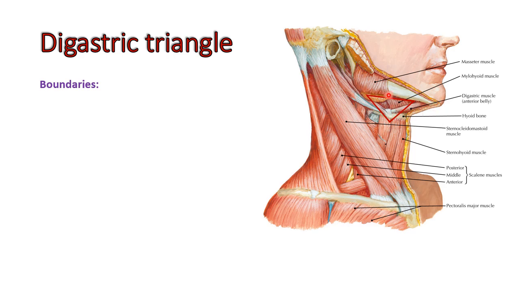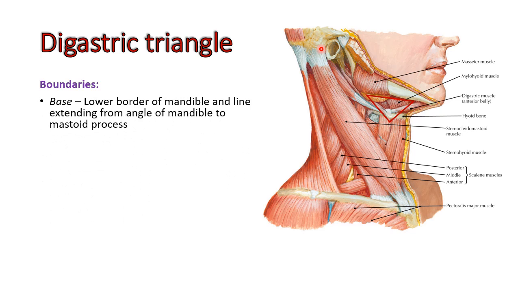The base of the triangle is formed by the lower border of the body of the mandible, then the angle of the mandible, and then an imaginary line extending from the angle up to the mastoid process. So those are the boundaries of the digastric triangle.